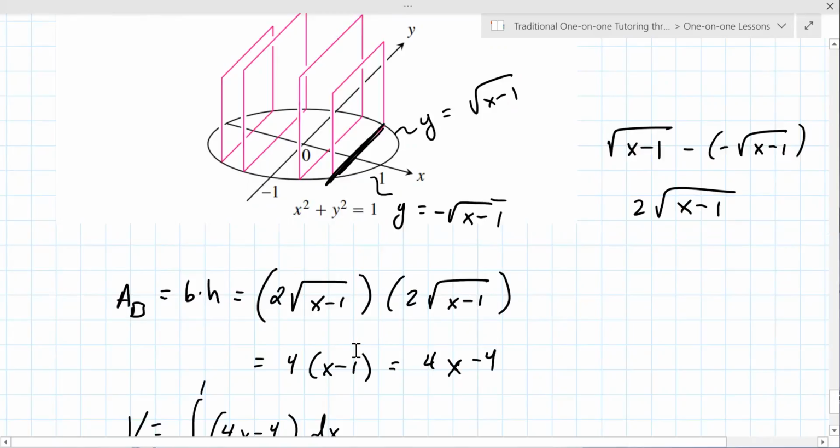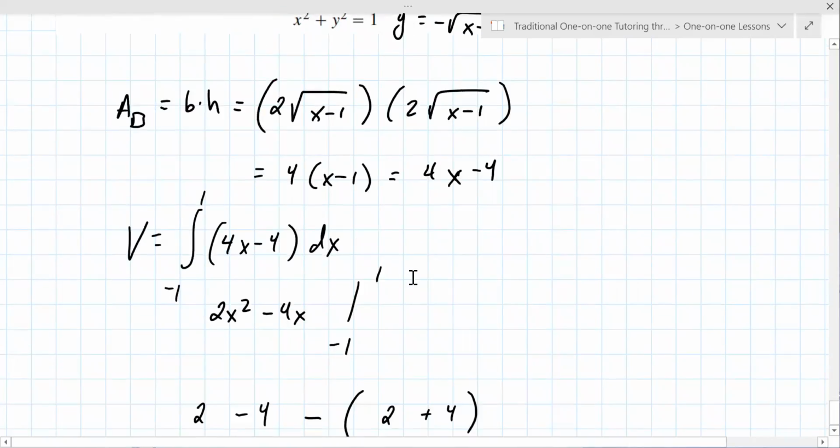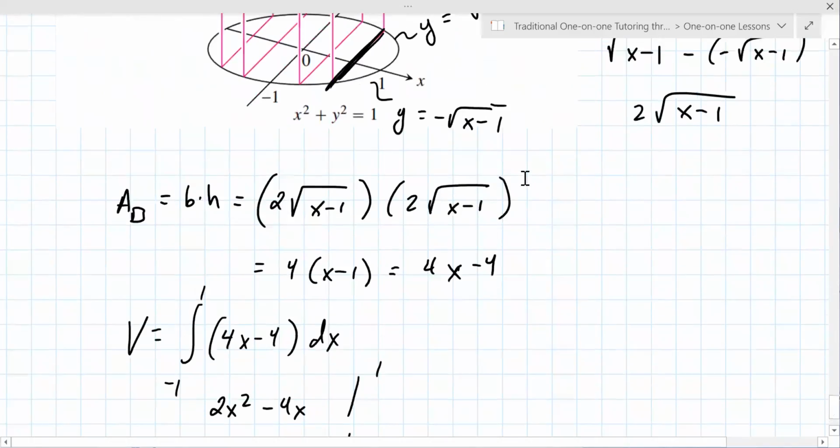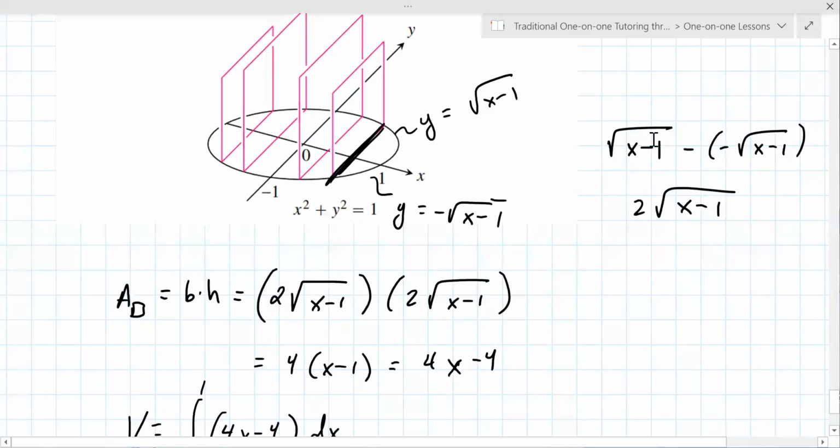Base times height, 4x minus 4. Sorry, I'm just looking here. It's not obvious here. Top minus bottom.